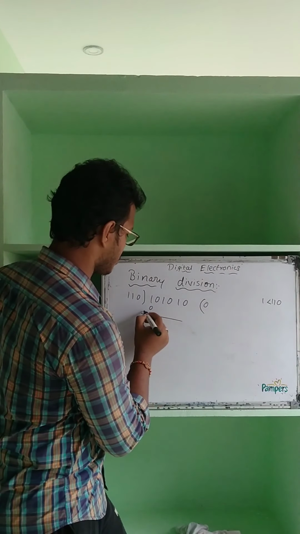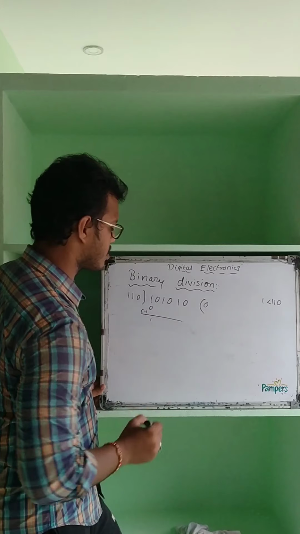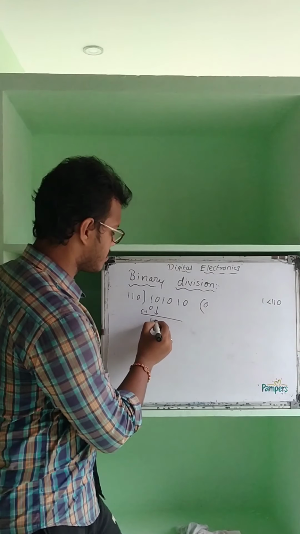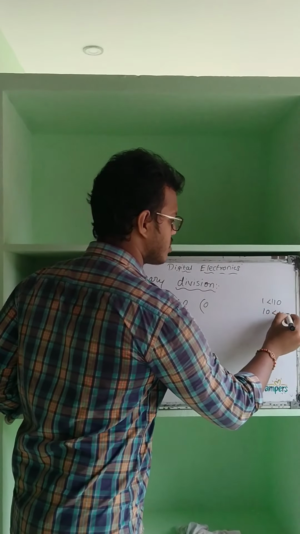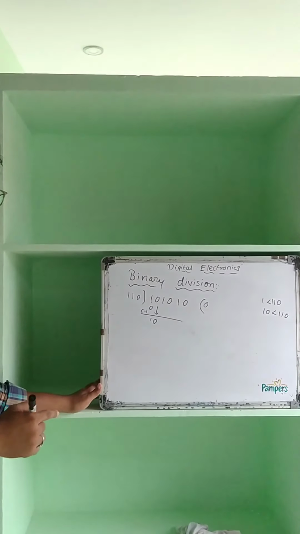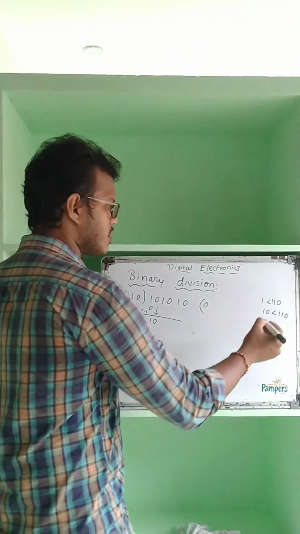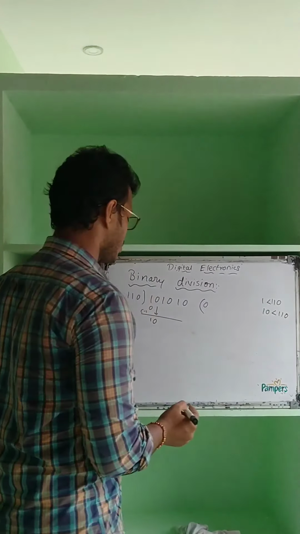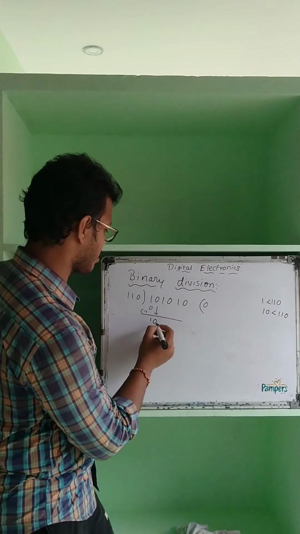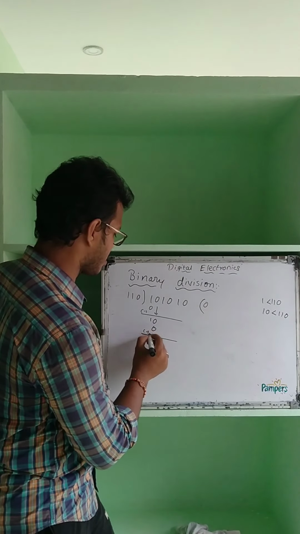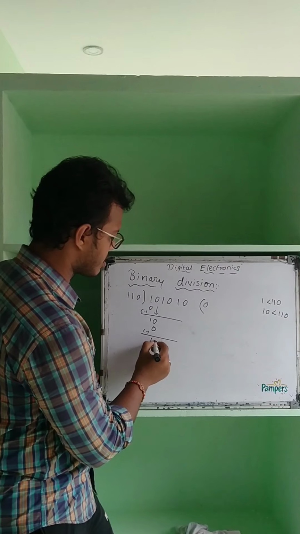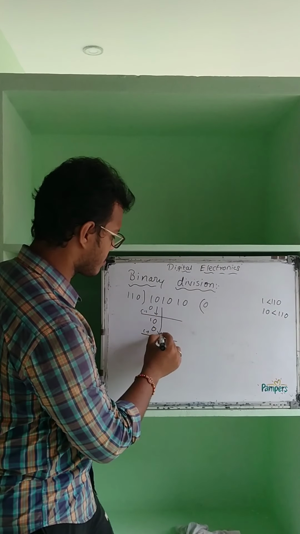If we subtract, we get 1. Bring down 0. Again 10 is less than 110. 10 is less than 110. Then again 0. What do you get? 10. Bring down 1.